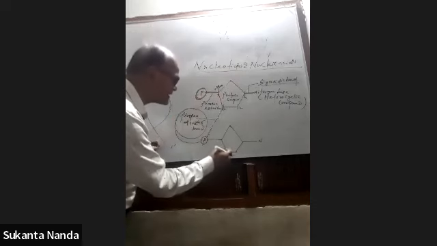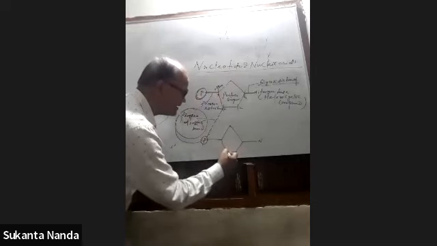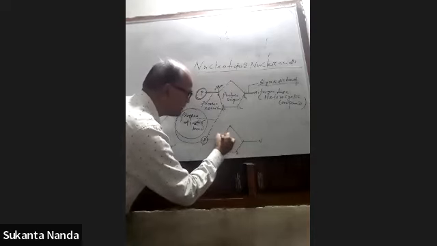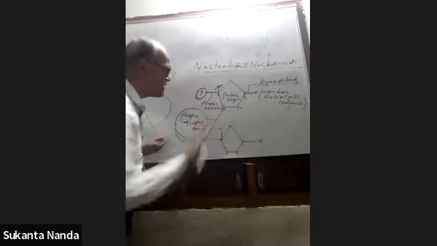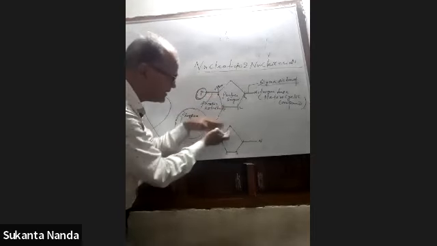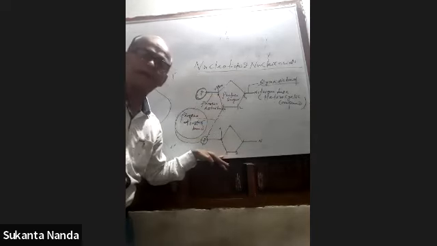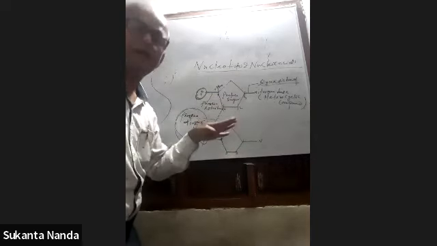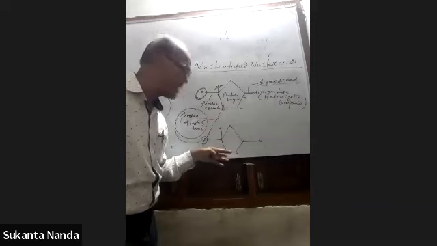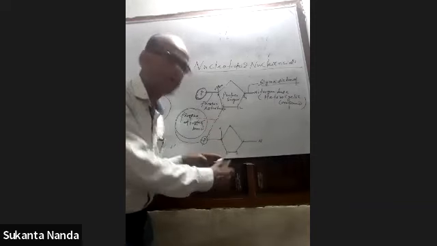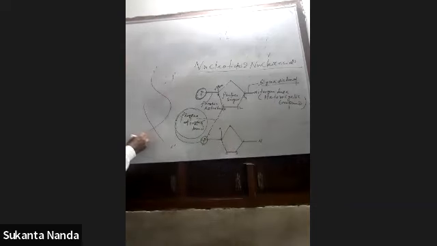And this is the 3' end: carbon 1, carbon 2, carbon 3, carbon 4, and here is carbon 5. Suppose here is a nucleotide, and below there is no nucleotide, only a carbon chain that is not attached to anyone. So this one will be the 3' end.